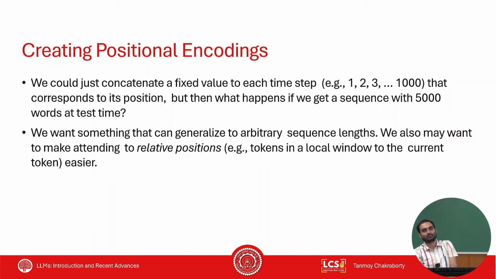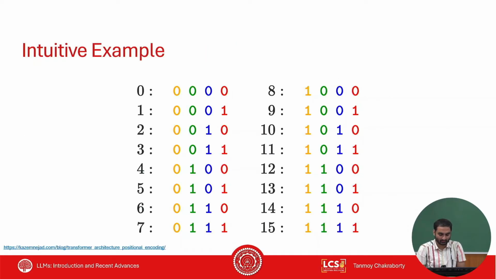Okay, what do we do in this case? How do we address this problem? A simple way to address this problem is as follows. This is what was proposed in the original transformer paper. Let me first motivate what it means. This is position 0, position 1, position 2, 3, 4, 5, 6 and so on and so forth.